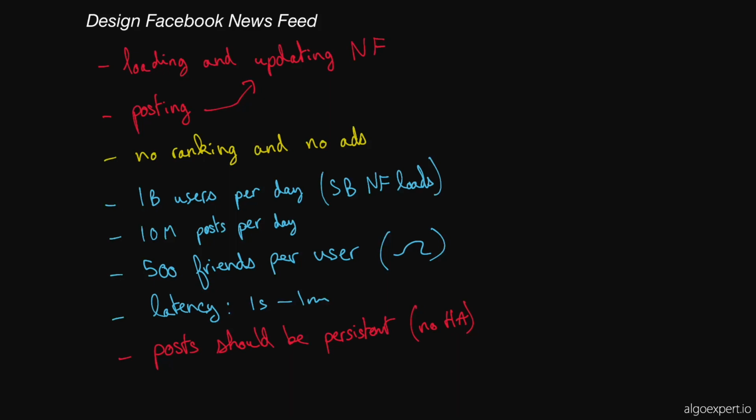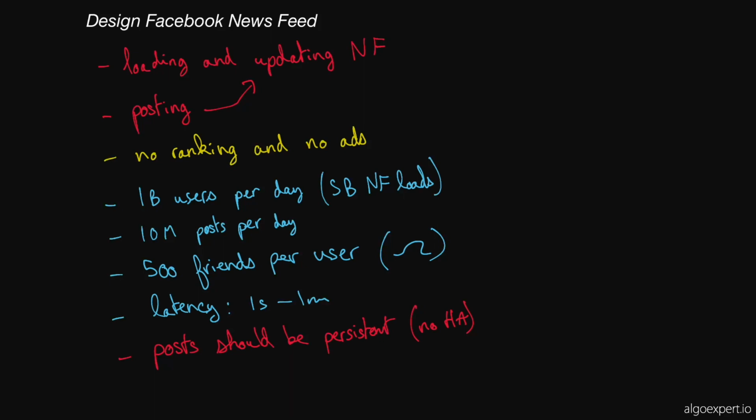Okay, so I think I have most of the information that I need to start tackling this design. I feel like this design is really going to be divided into two major subsections. There's the entire flow that starts at a user posting a status update, and then there's the entire flow that starts at a user loading their news feed, the first time during the day, for example, or any time during the day for that matter.